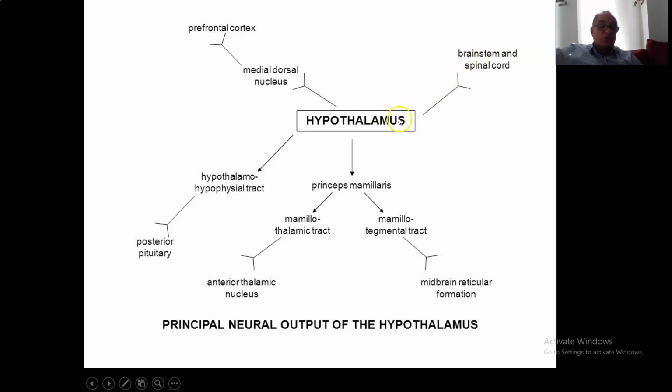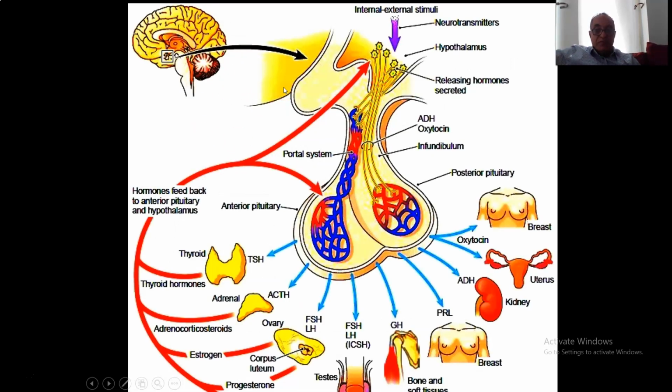How can the hypothalamus control the autonomic nervous system without having efferents going to the brainstem and the spinal cord, and the medial forebrain bundle to the prefrontal cortex? So these are the hypothalamic efferents. You should not remember all of them, but if you understand the details very well, you can remember most of them.